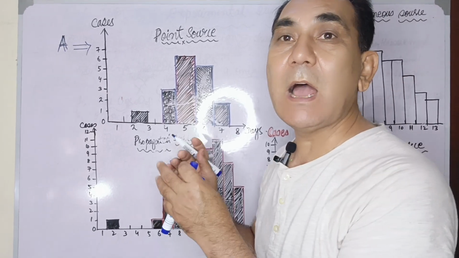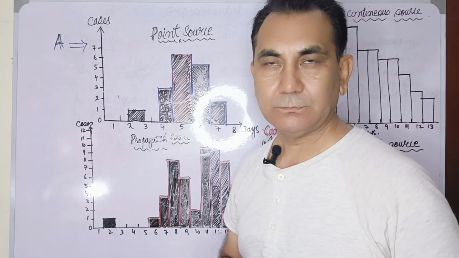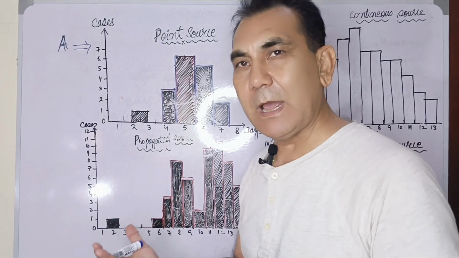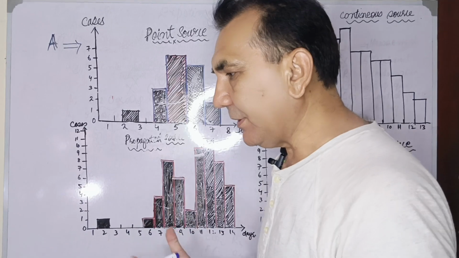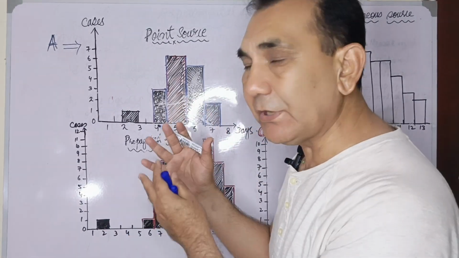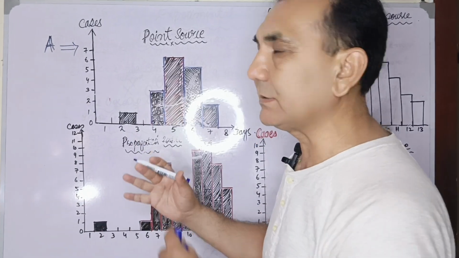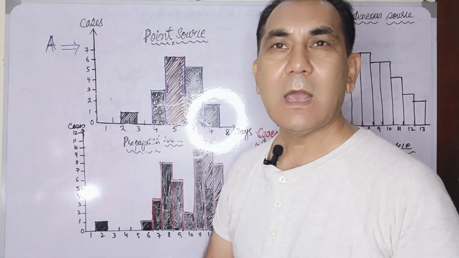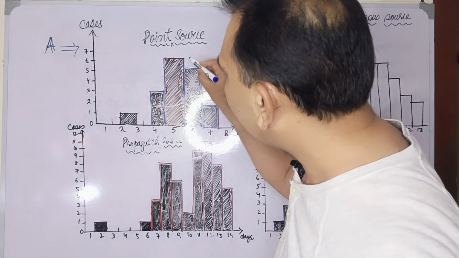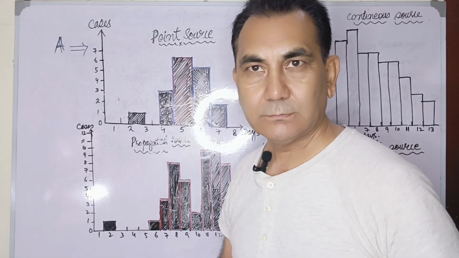It mostly happens in an event where a group of people has been invited, and they took food, and after a few hours of taking the food the outbreak has happened. It is mostly seen with the attack rate.